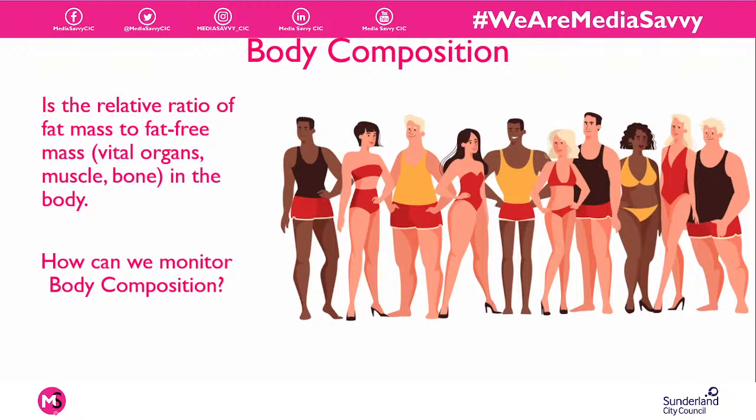We can use that to see if we're gaining fat in an area or losing fat in an area. We can also use that reading to do a calculation to calculate body fat percentage. So if you've ever heard anybody say, I'm 15% body fat or whatever, that's what we're talking about there, that body composition.